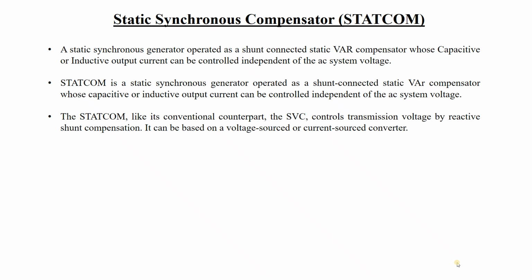It controls the transmission voltage by reactive power compensation because, as we have discussed since the start of these flexible AC transmission system devices, reactive power is very much coupled with voltage.